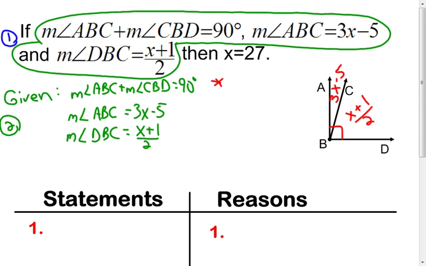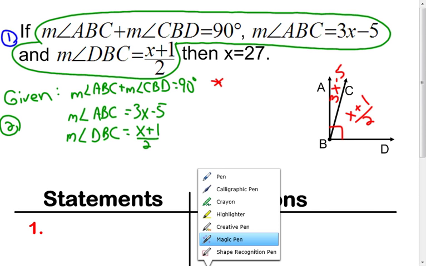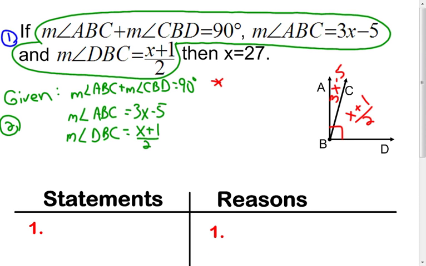Step four was to state what you're trying to prove. And remember, if you have your if-then statement, this can be found in your conclusion. So I'm going to find what's in the conclusion. Well, my conclusion is x equals 27.